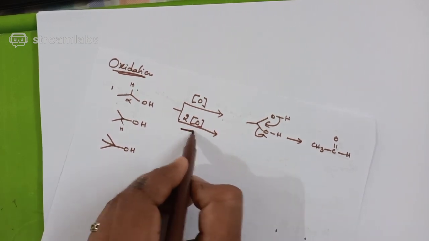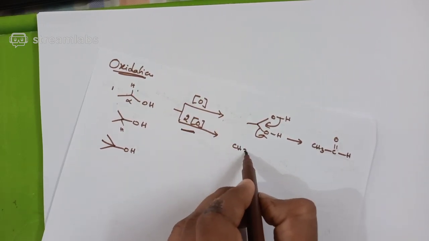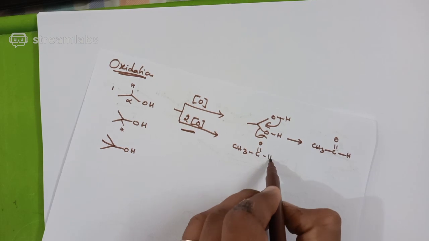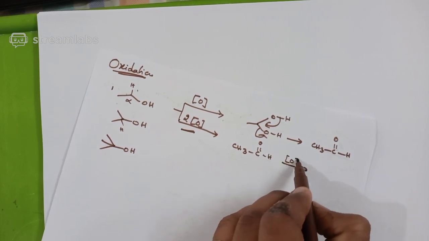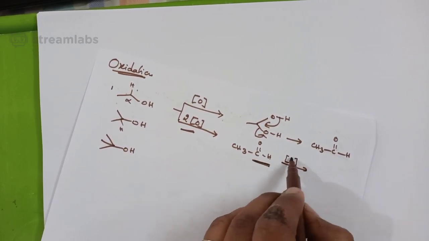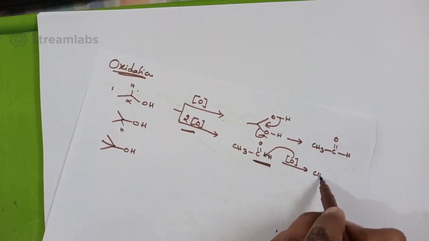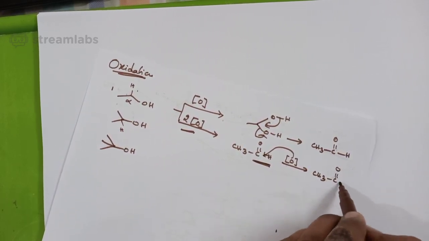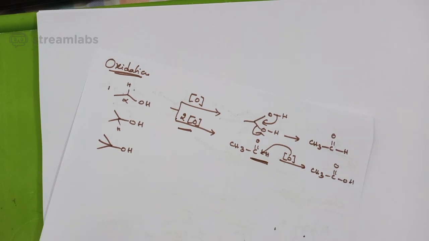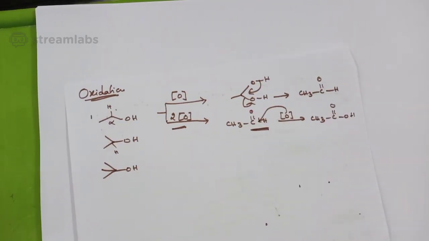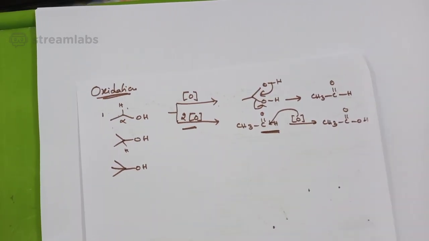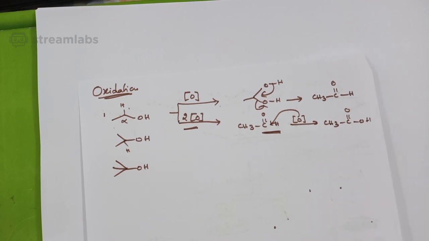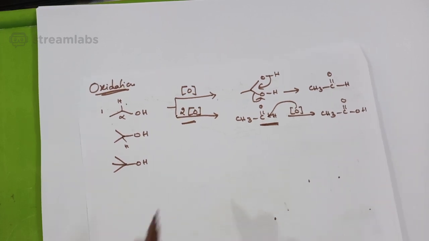But if I use two nascent oxygens, first we get aldehyde like the previous one using the first nascent oxygen. With the second, the aldehyde group is easily oxidized and forms carboxylic acid. So the first gives aldehyde, the second gives carboxylic acid.